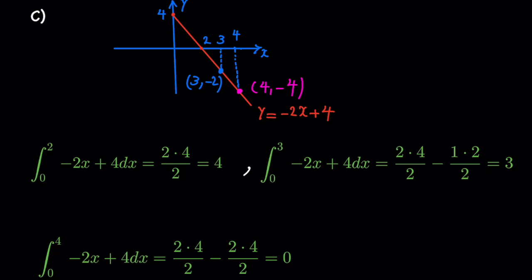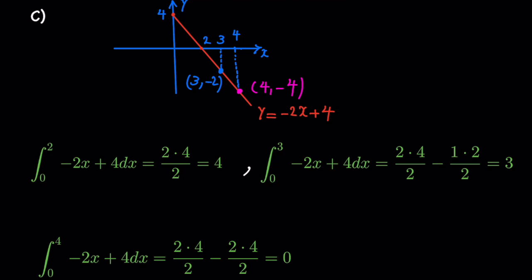Then you find the area of this triangle. This side is 1, this side is 2. The coordinates of this point are 3 and -2. So the y coordinate is -2, meaning that this distance is 2. This distance is 1. So it is 1 times 2 divided by 2. I'm using the area formula for a triangle. And if you simplify that, you will get 3.